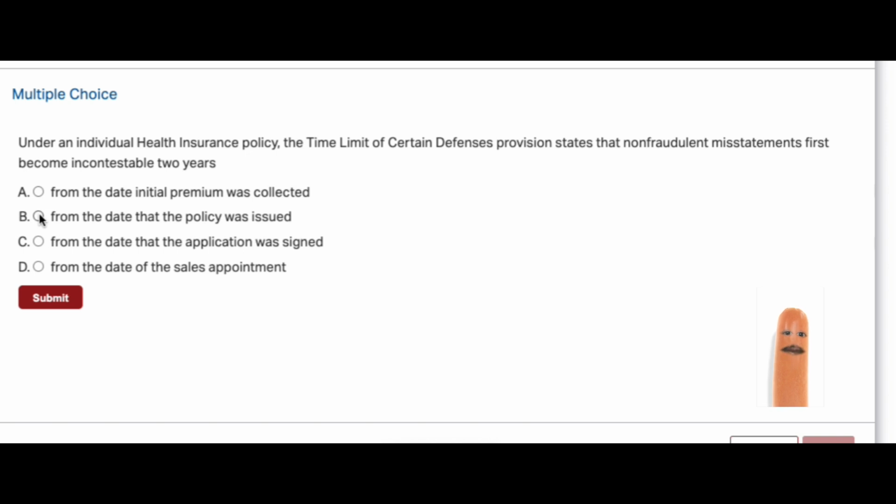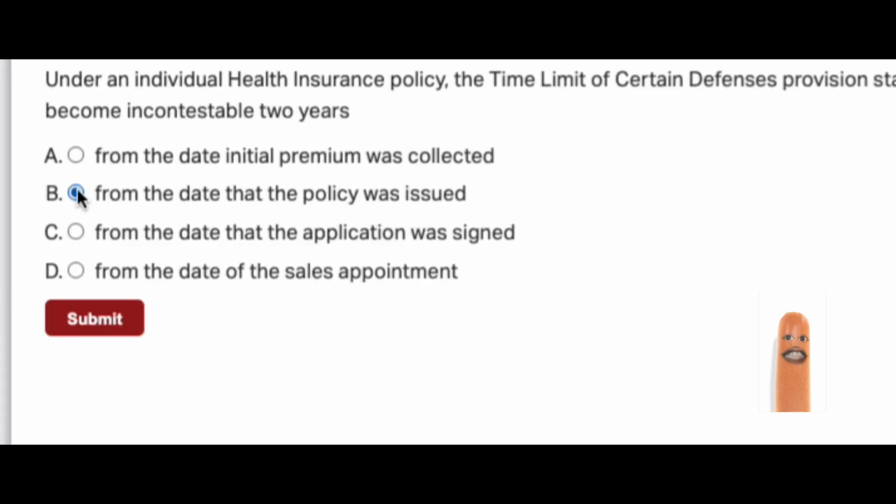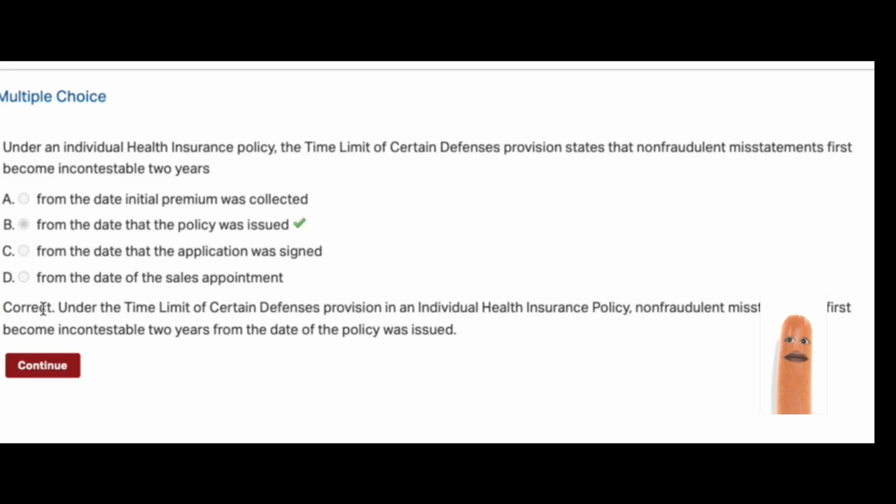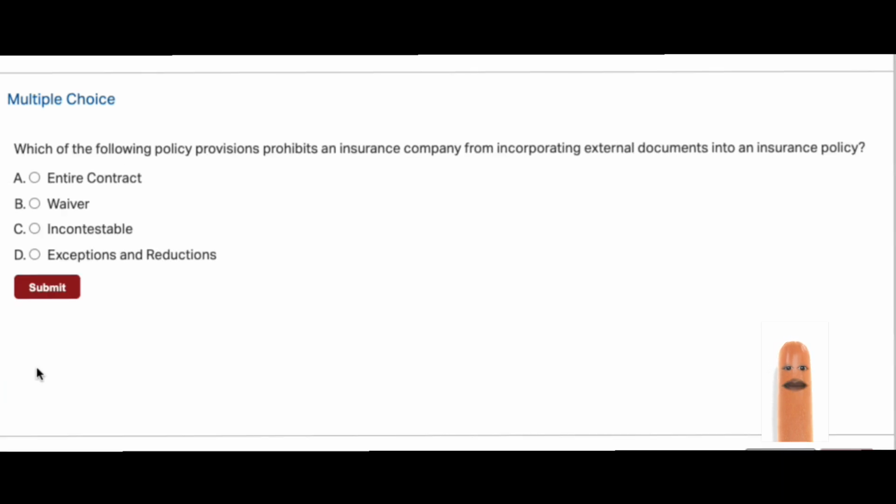I'm going with B, Bob, from the date that the policy was issued. Ding! Correct. Non-fraudulent misstatements first become incontestable 2 years from the date the policy was issued. That's right. Take them notes, because it's going to be on the test. They might reword it, but it means the same thing. Okay, next question.